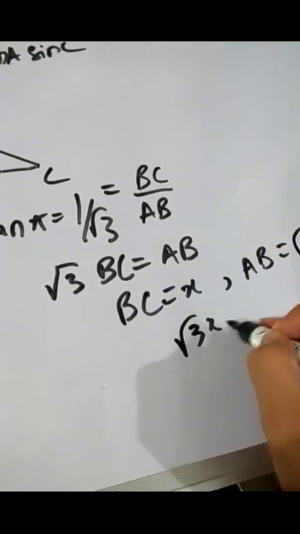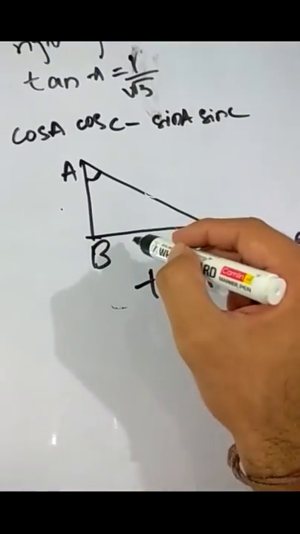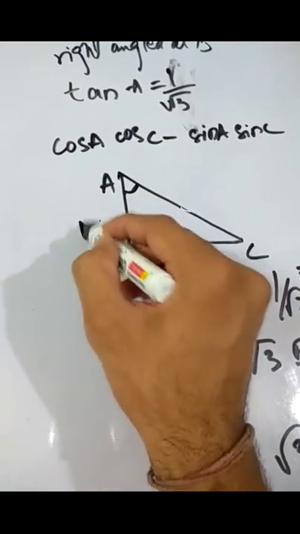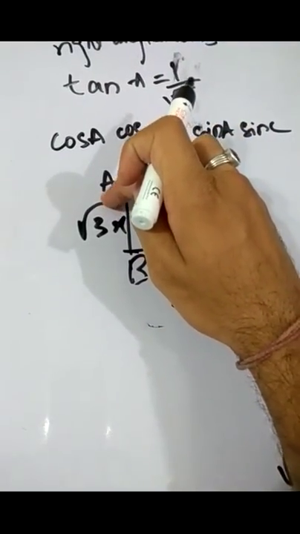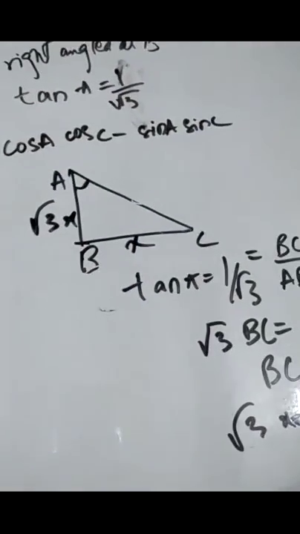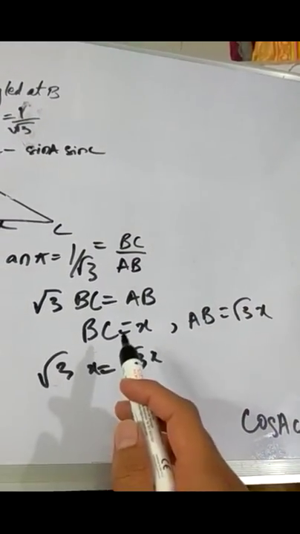So root 3x equals root 3x. So BC equals x, AB equals root 3x. The root sign should not be over the x, only above the 3.